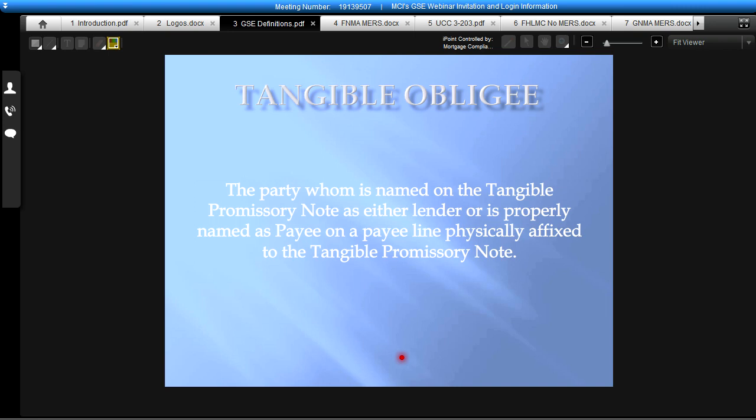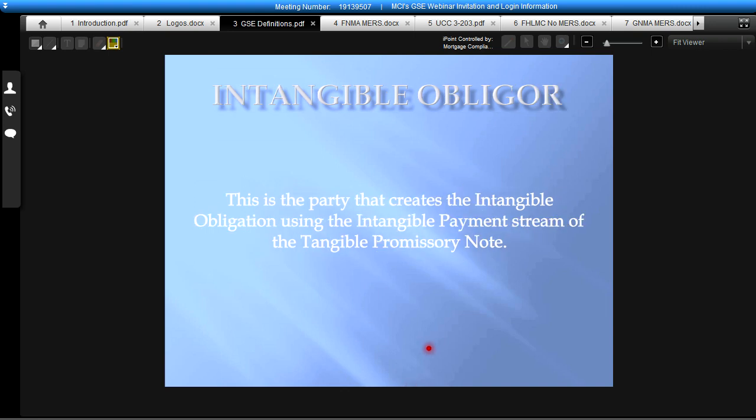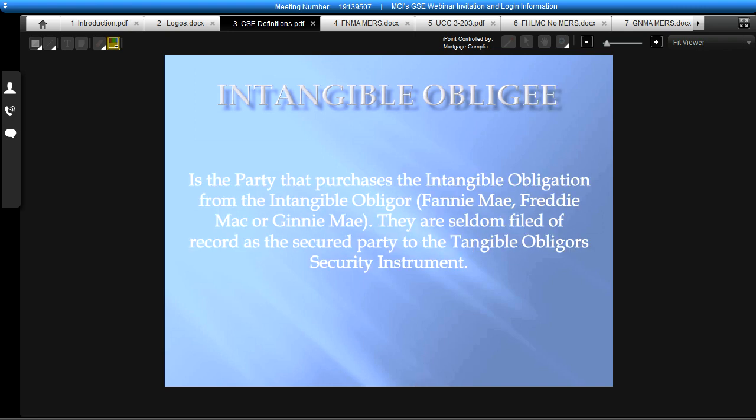Intangible obligor. This is the party that creates the intangible obligation using the intangible payment stream of the tangible promissory note. Intangible obligee is the party that purchases the intangible obligation from the intangible obligor.